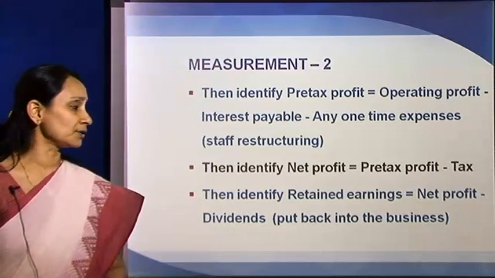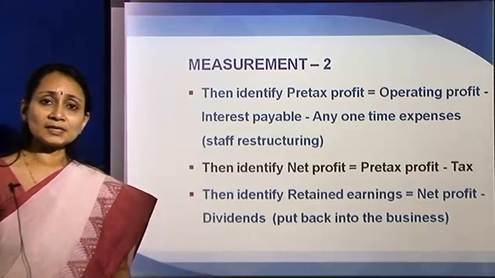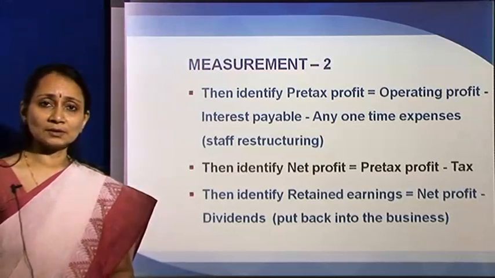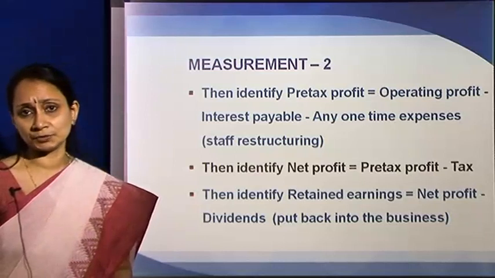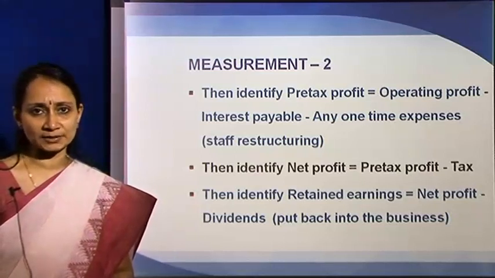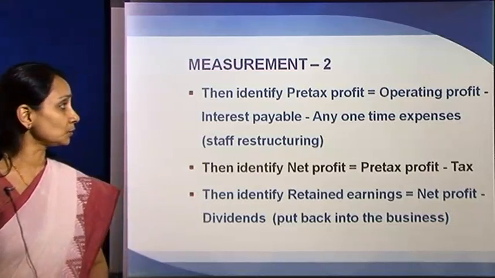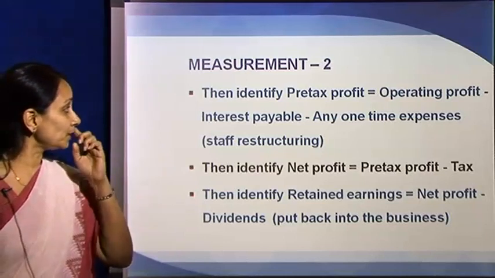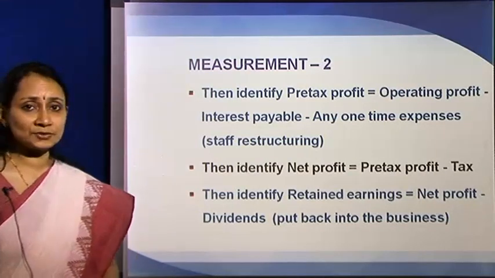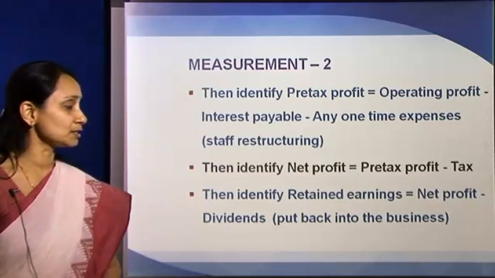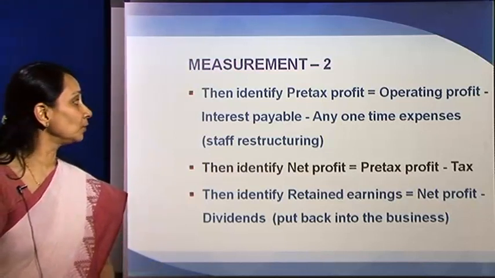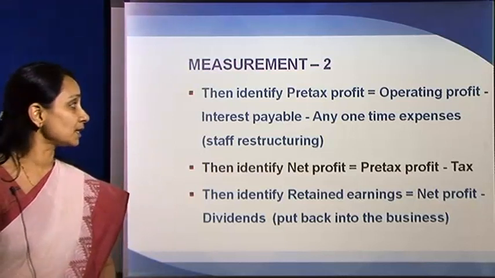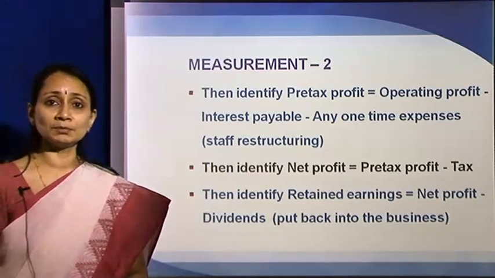Take a staff restructuring exercise. This exercise would have a cost. Now this cost is not a cost which will recur again in the next few years. It's an exceptional item. So from the operating profit, when we reduce interest payable and such one-time expenses or make the adjustment for a one-time income, what we are left with is the pre-tax profit, that is the profit before tax.